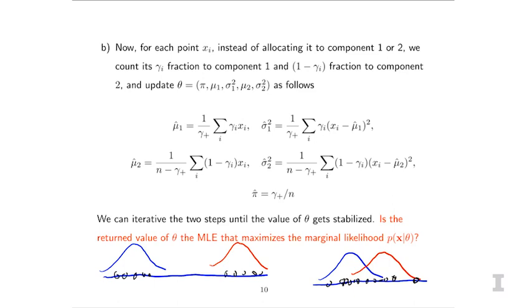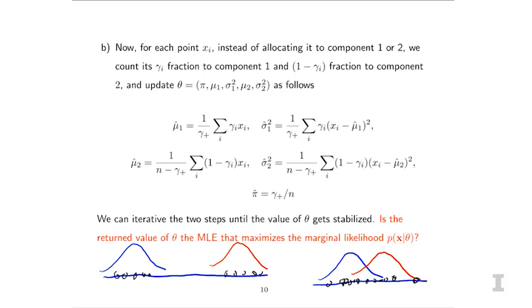And then for every observation xi, instead of allocating it to either component, we're going to count gamma I, which is a probability, gamma I fraction of it to component 1, and 1 minus gamma I fraction to component 2. Remember, gamma I is the probability of zi is from component 1.